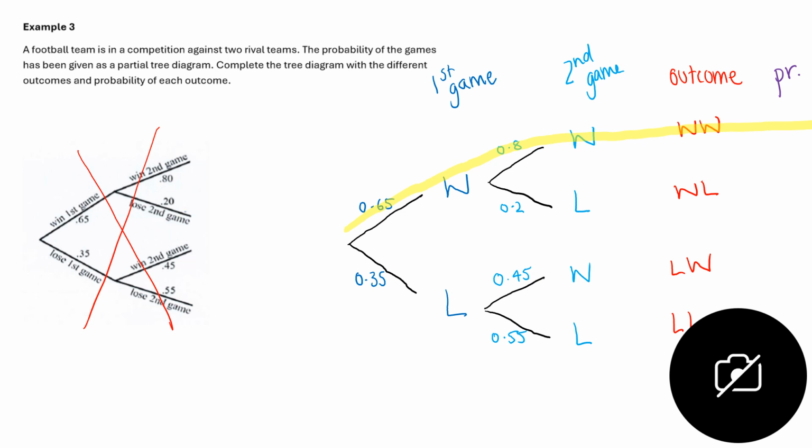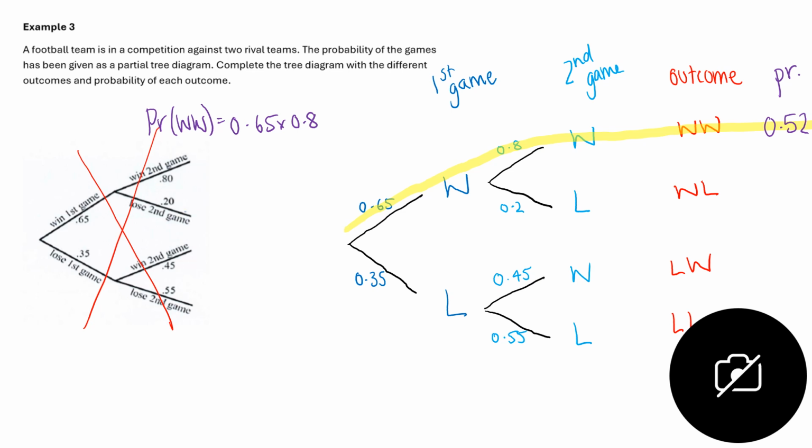That gets me 0.52. So the way that I got that answer, I'm just going to do this over here. So I did 0.65 multiplied by 0.8. That is the probability of a win-win.